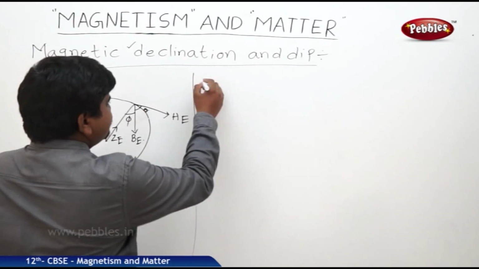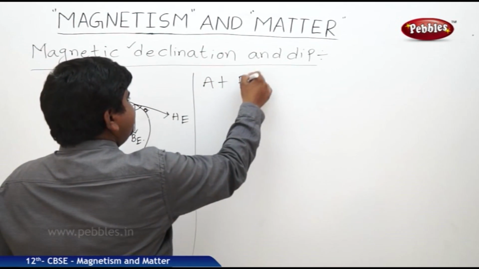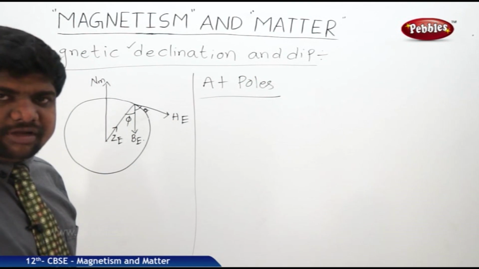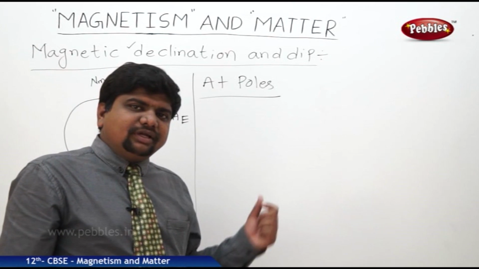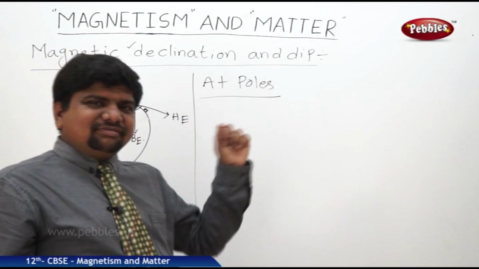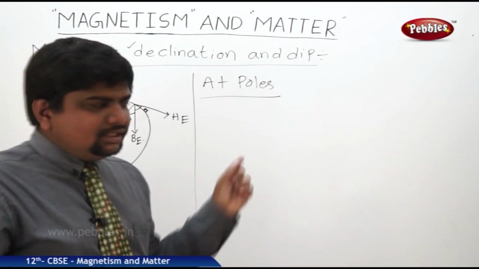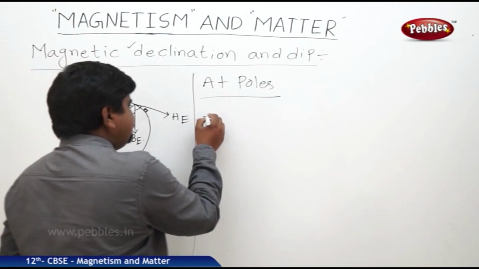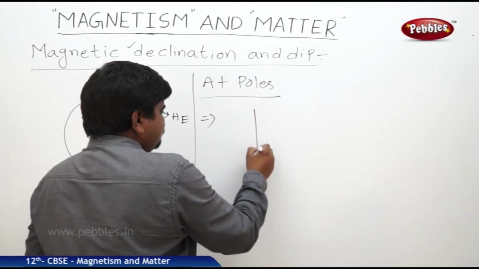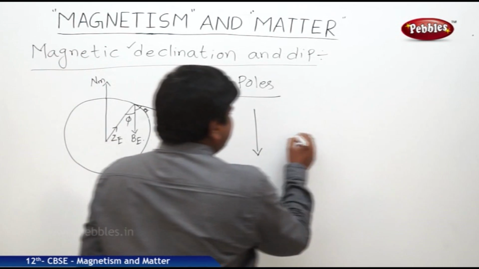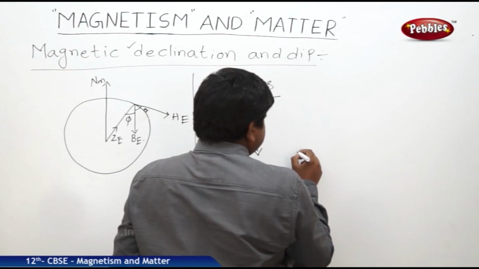So at poles, the magnetic field lines appear to be converged or diverged from a common point. Because the magnetic field strength is very particular about one position and at the remaining positions it is very negligible. So that's why mostly the magnetic field appears to be vertically down with a slight angle difference like this.